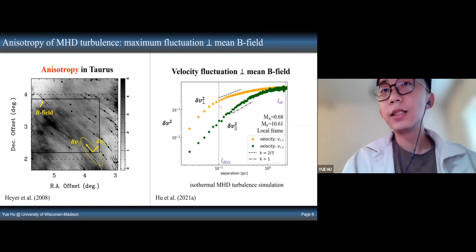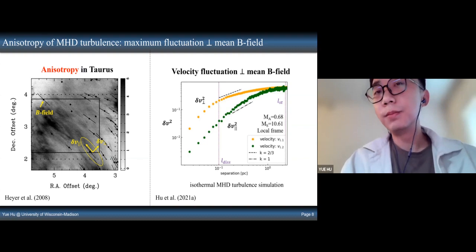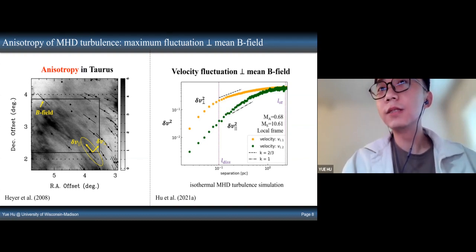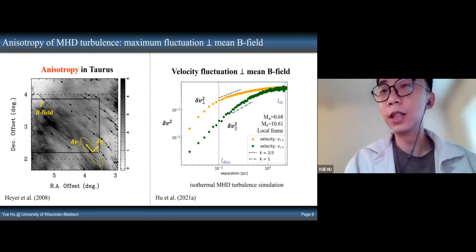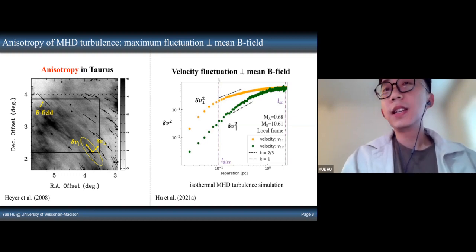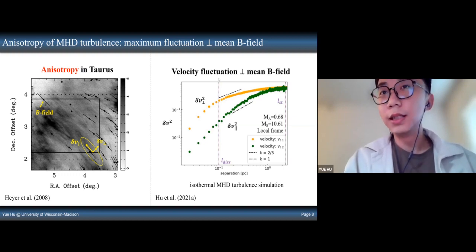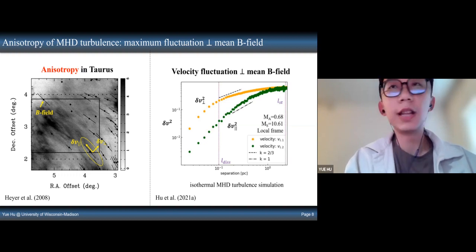Here, from numerical simulations, the perpendicular fluctuation is even one order of magnitude larger than the parallel fluctuation. They converge at large scales because we have isotropic driving of the turbulence; that's just a numerical effect. And here, that's a very important property: the fluctuation is more significant in the direction perpendicular to the mean magnetic field.